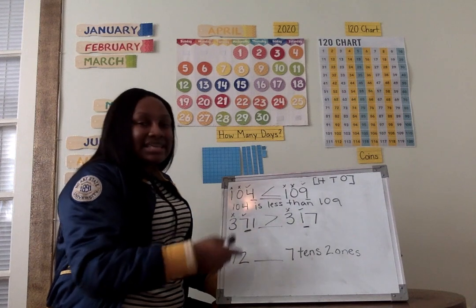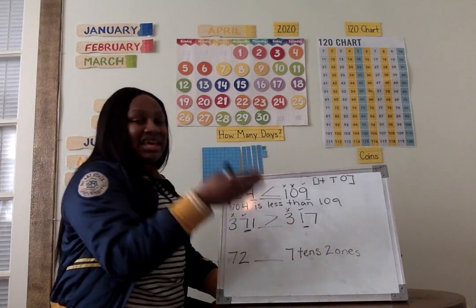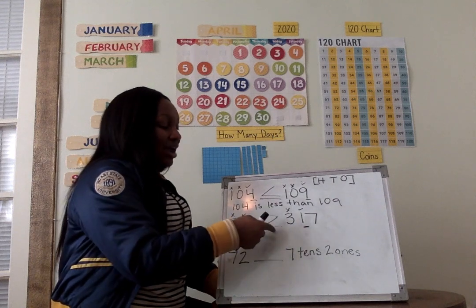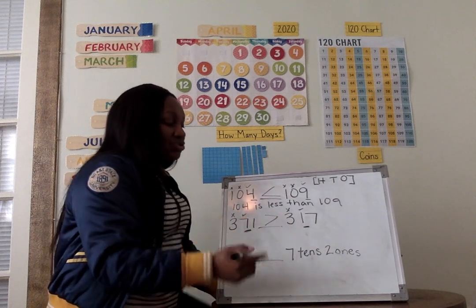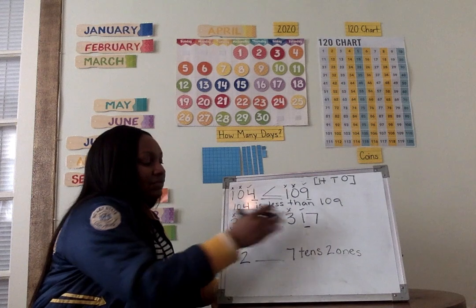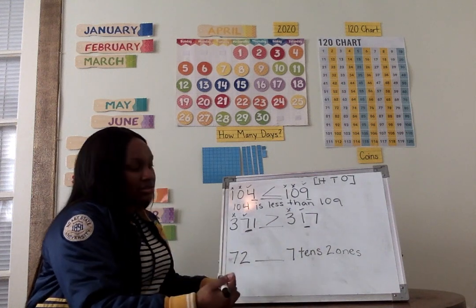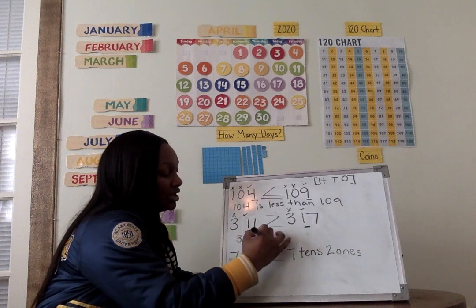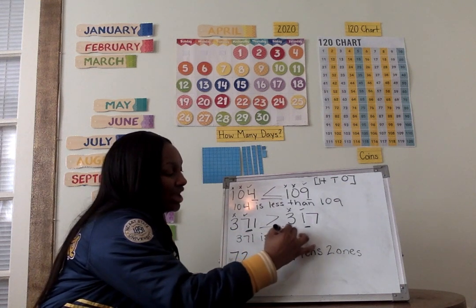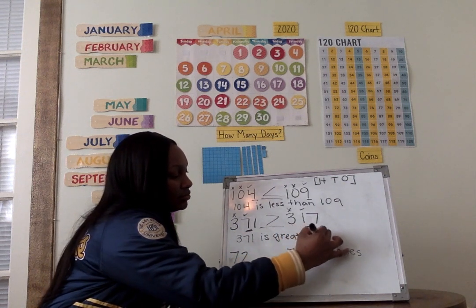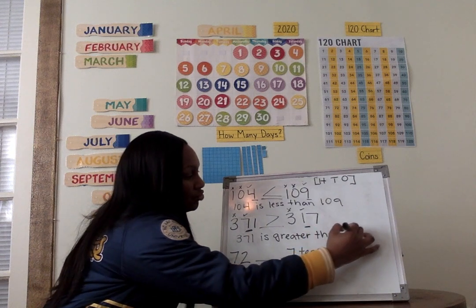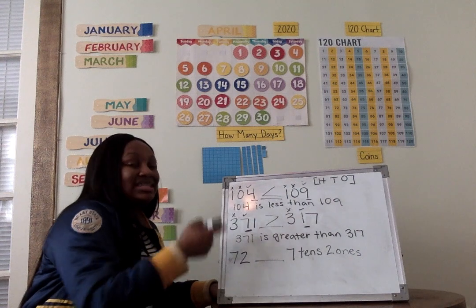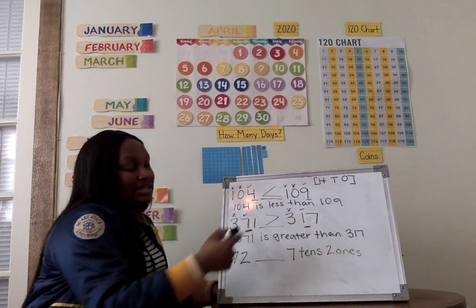Because 7 tens is greater than 1 ten. So if I'm reading this from left to right, how would I write this? Okay, 371 is greater than 317. And we know that because 7 tens is greater than 1 ten.